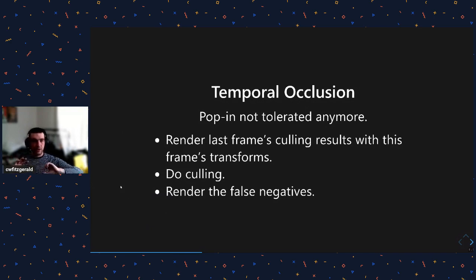So if you move the camera and all of a sudden some more triangles are visible, those triangles will get rendered in this last pass to make sure you don't have pop-in.